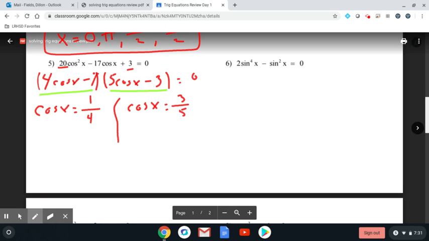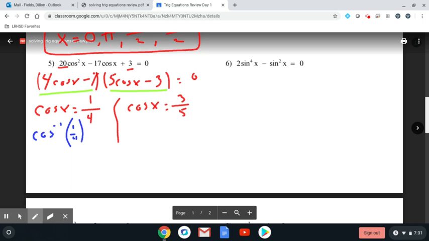So these are going to be non-specials. Remember, with non-specials, the first thing you have to do is find that reference angle. I'm going to start with my left side first. To find my reference angle, I'm going to use my calculator and do the inverse of cosine of 1/4.